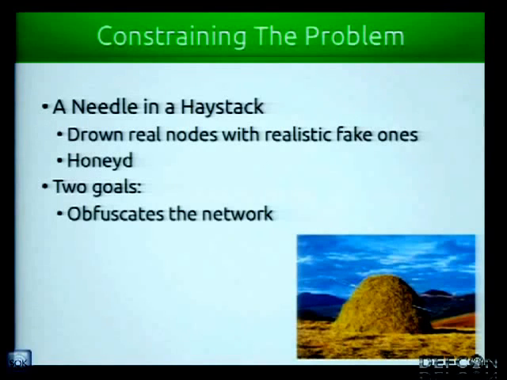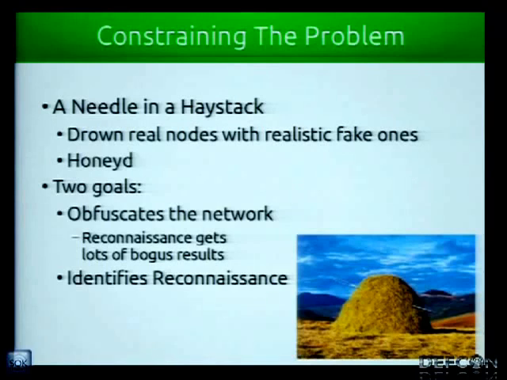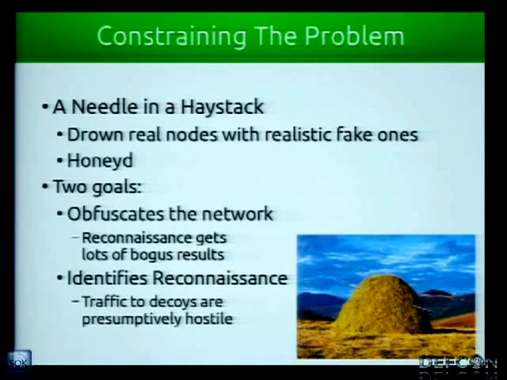We're going to have two goals for the system. We want to obfuscate the network, giving reconnaissance lots and lots of bogus results, making it much harder or possibly useless. And we also want to identify reconnaissance. Because you've got all these decoys, these honeypots, any traffic going to the honeypots is presumptively hostile, right? You could say, why are you talking to the decoys?